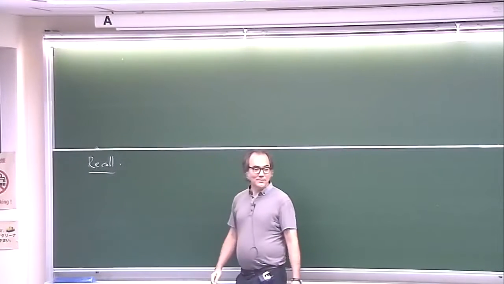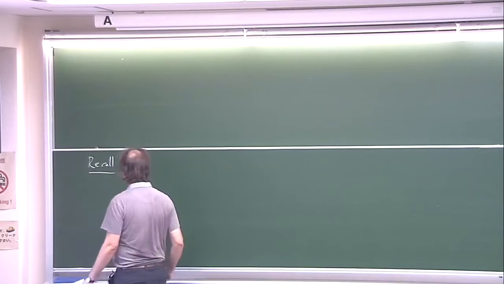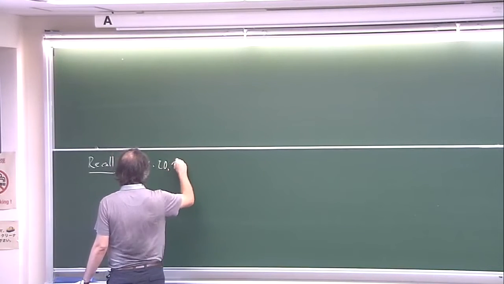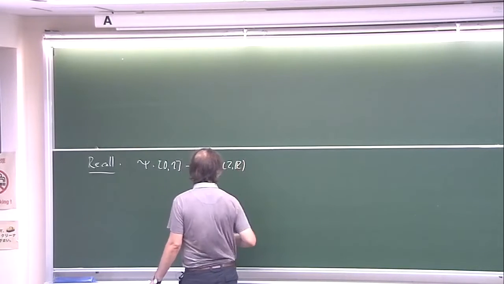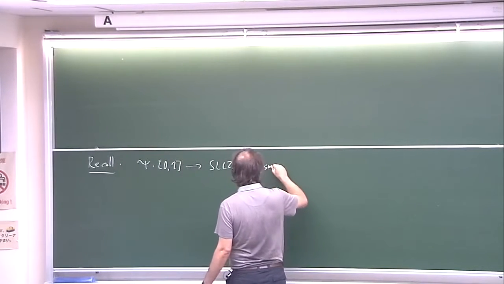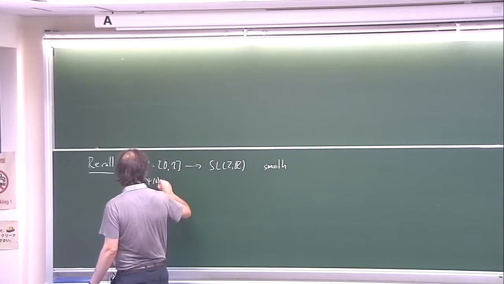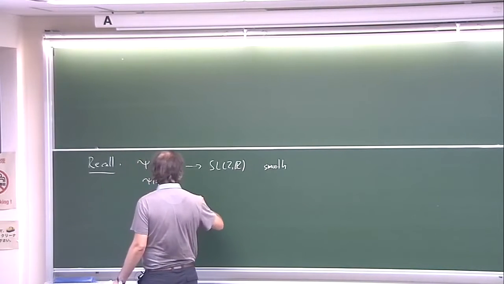At the end of the last lecture we discussed the Conley-Zehnder index for two-dimensional symplectic matrices. So we have ψ from [0,1] to SL(2,R), smooth, and ψ(0) is the identity, and then we can also have ψ̇ = J S ψ.